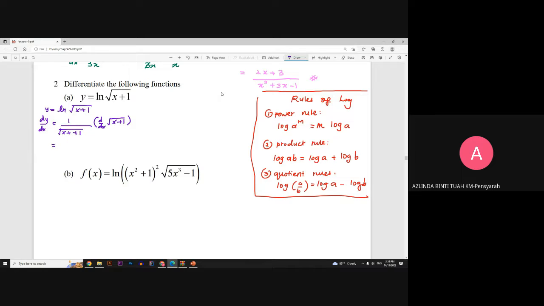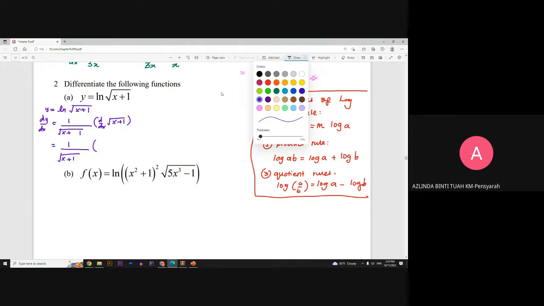It's going to be longer actually. Not so many pluses, just plus 1 once. Okay, it's going to be longer because inside this I will apply the power rule. As you know, the power rule itself has 3 steps. But before I can apply the power rule, I need to change the square root to become power of 1 over 2.